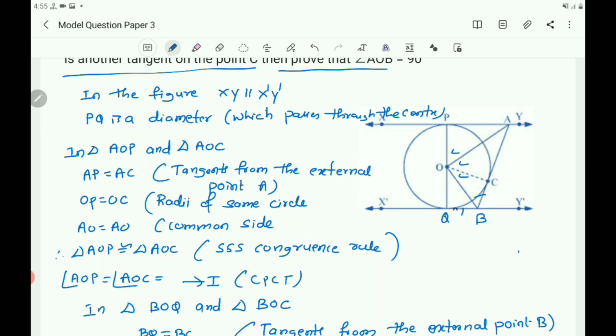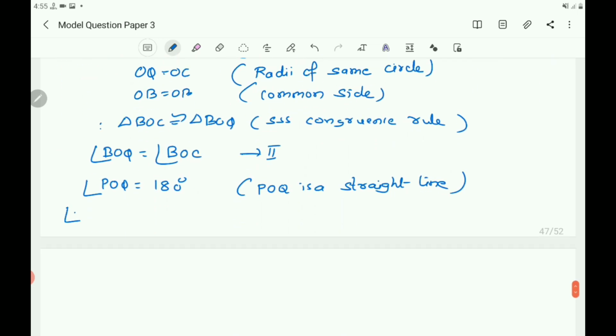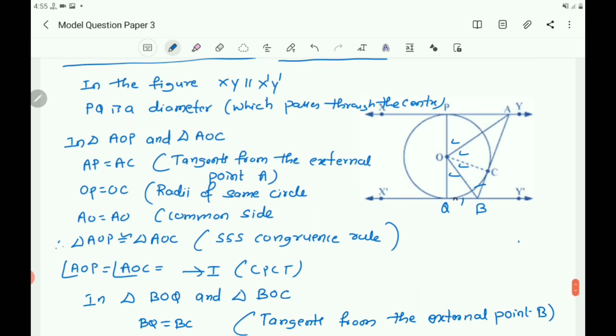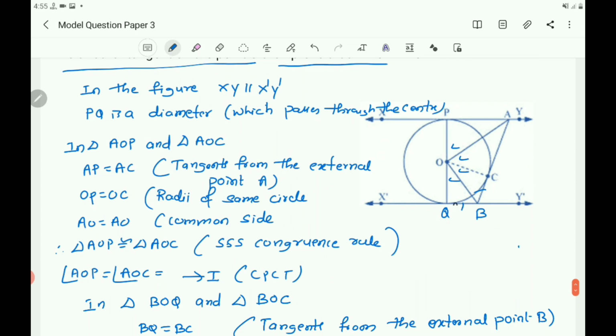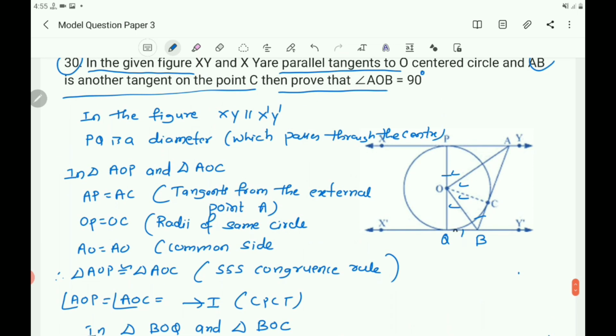Angle 1, angle 2, angle 3, angle 4. That is angle AOP plus angle AOC plus angle BOC plus angle BOQ equals how much? 180 degrees. Here the sum of all these 4 angles is angle AOB.